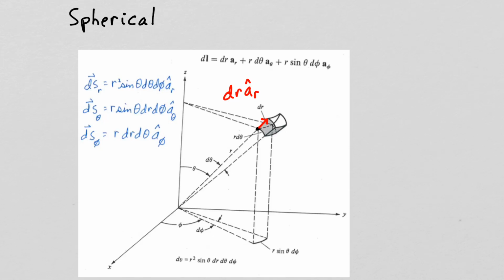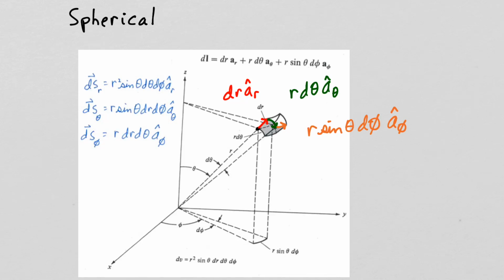If we change theta by an amount d theta, we will sweep out an arc length of r d theta, so we can define a vector of length r d theta in the theta direction. The one that's difficult to visualize is what happens when you change phi by an amount d phi. So we will sweep out this arc length right here, and that length is r sine of theta d phi. So we can define this vector of length r sine of theta d phi in the phi direction.